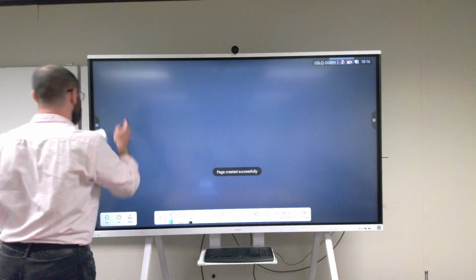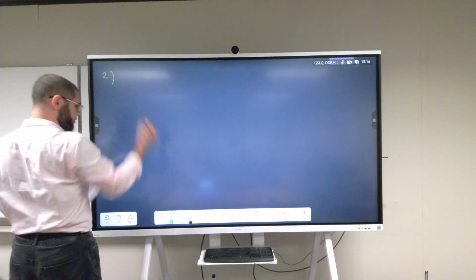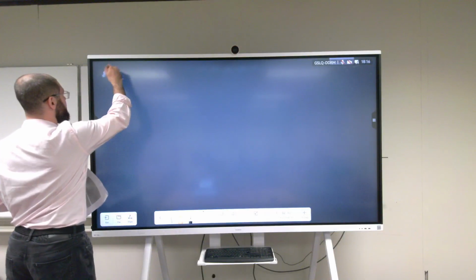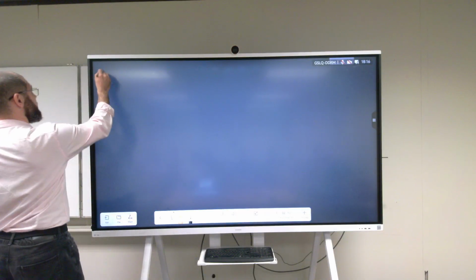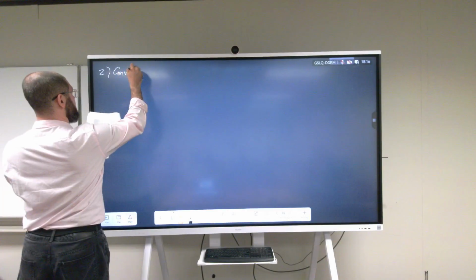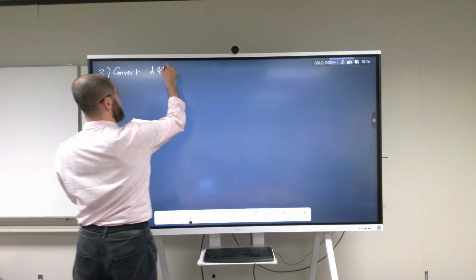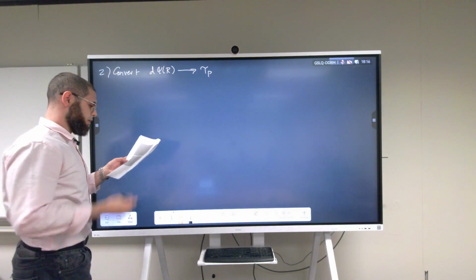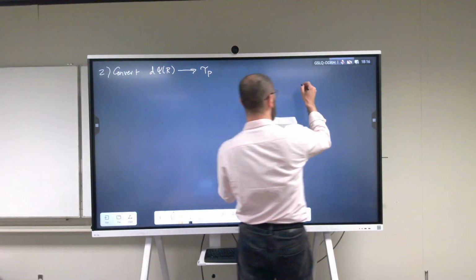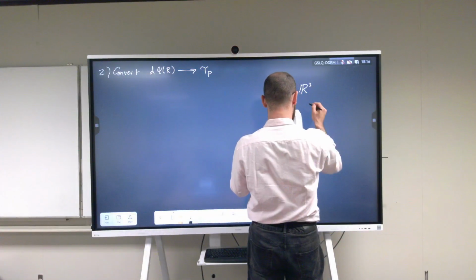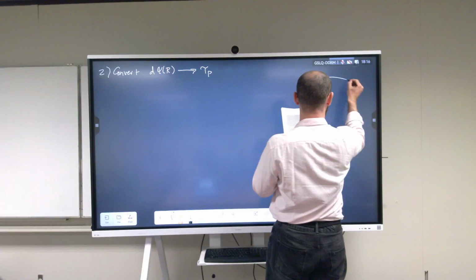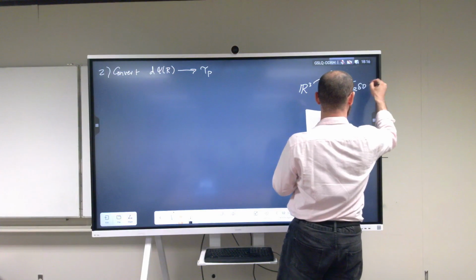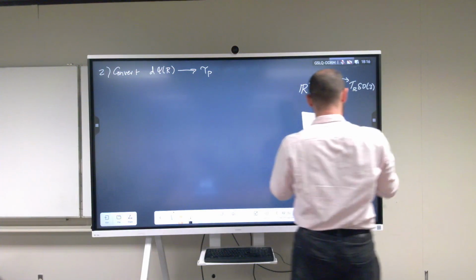So part 2, we're going to convert d psi of R to tau. Just to remind you what we're doing, we originally had R3, and we want to go through beta R to TR SO3.